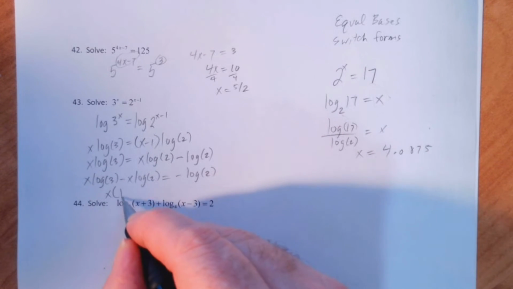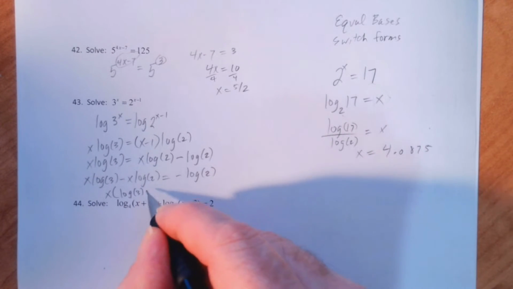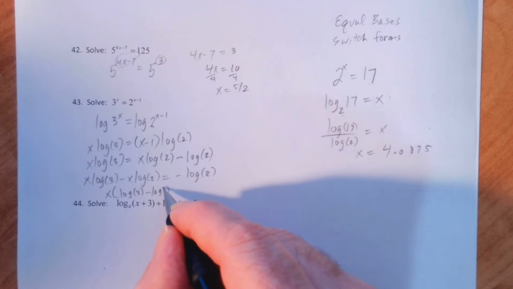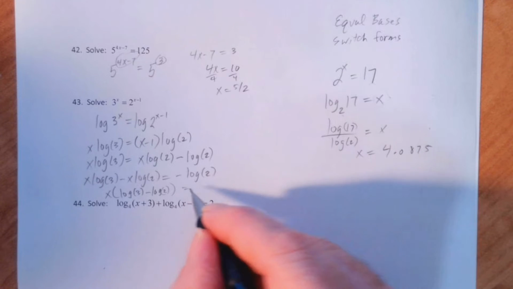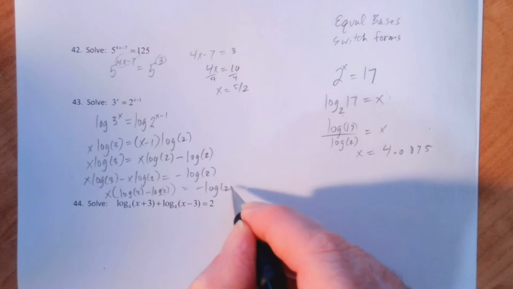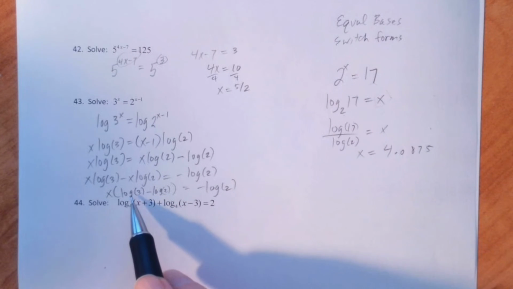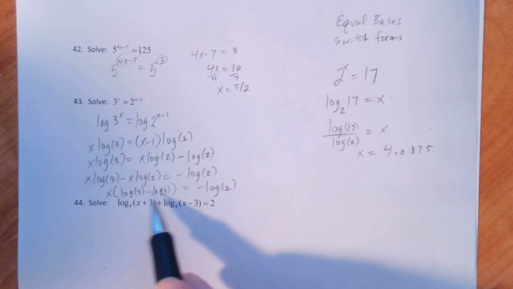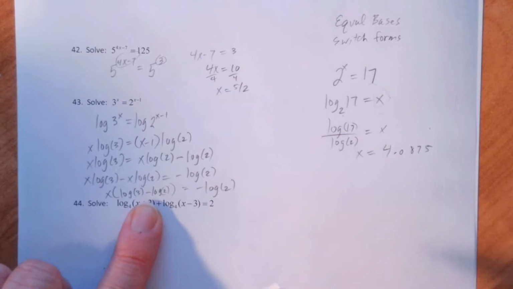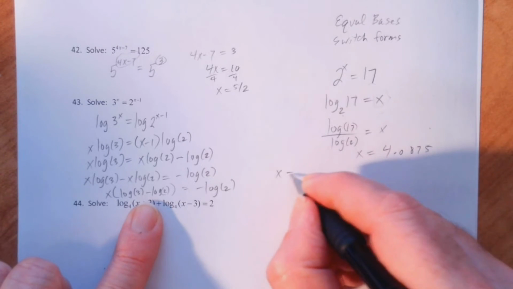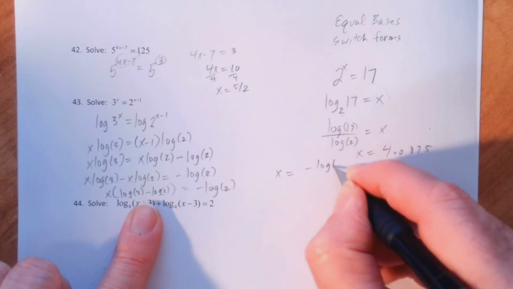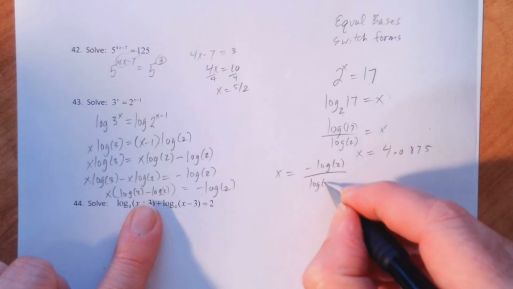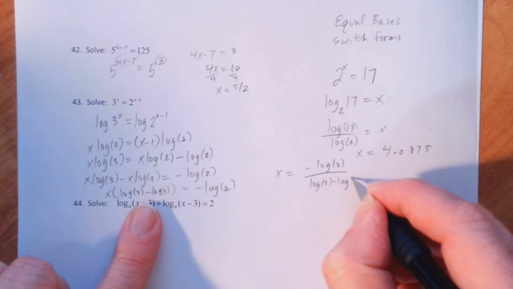We get x times log of 3 minus the log of 2, and that's equal to minus log of 2. So notice I have log of 3 minus log of 2 times x. I can divide both sides by this binomial here, and I'll end up with x equals minus log of 2 over the log of 3 minus the log of 2.